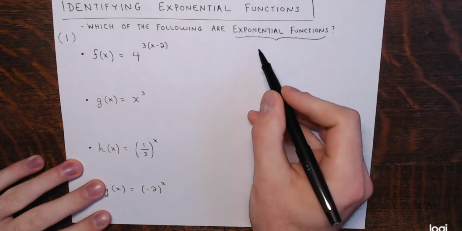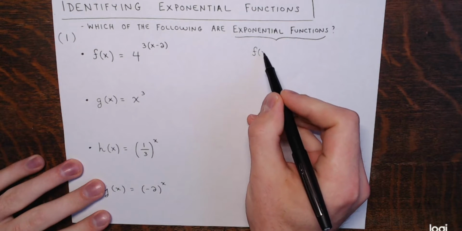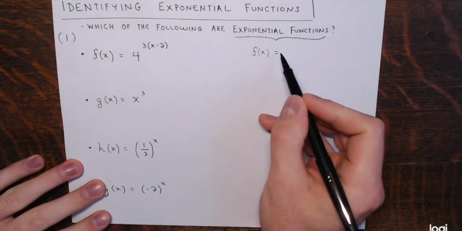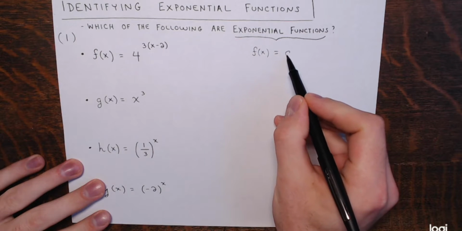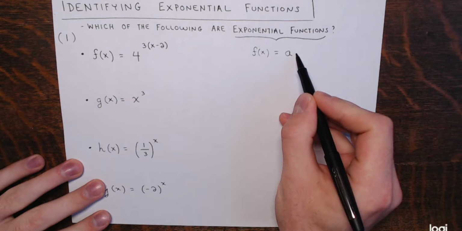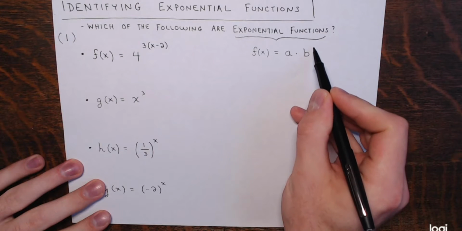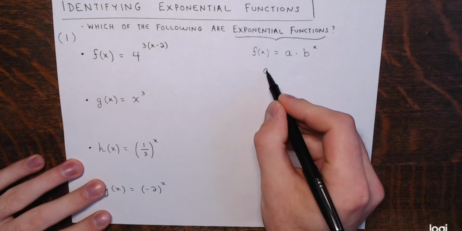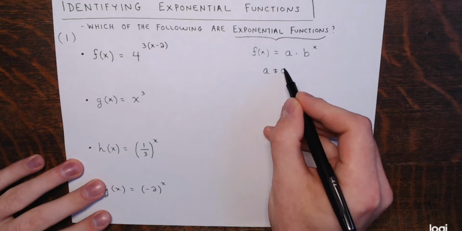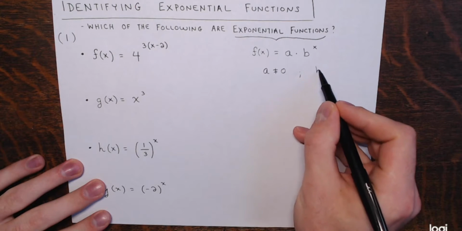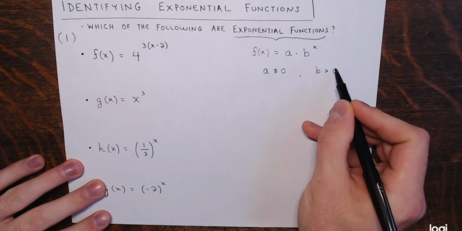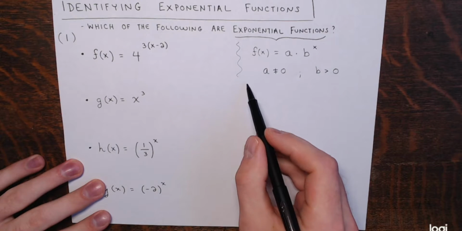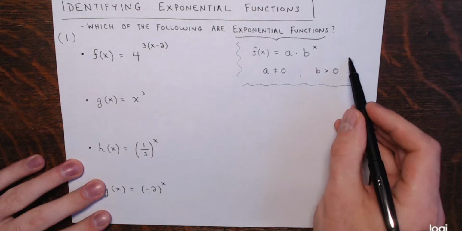I'll write up again what that meant. f of x equals, or y equals, a times b to the x power, where a is not 0 and b is positive. Right? That's what it meant to be an exponential function.